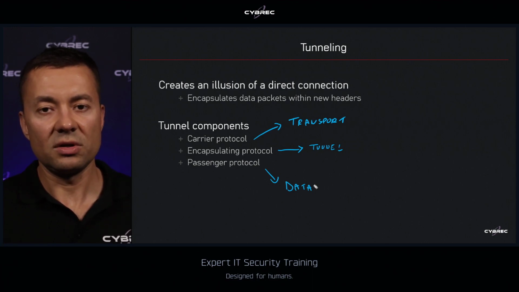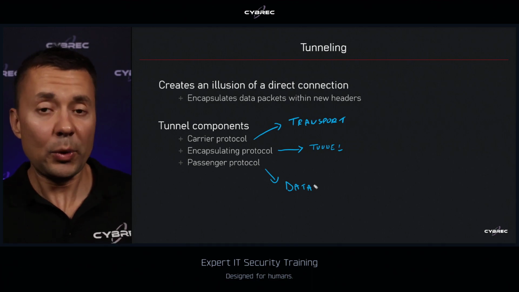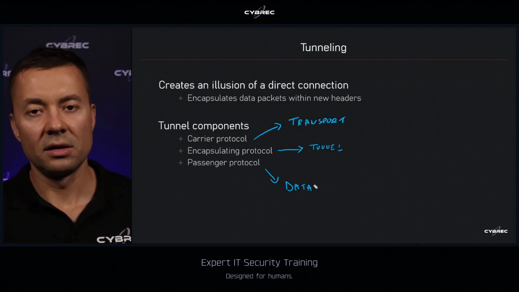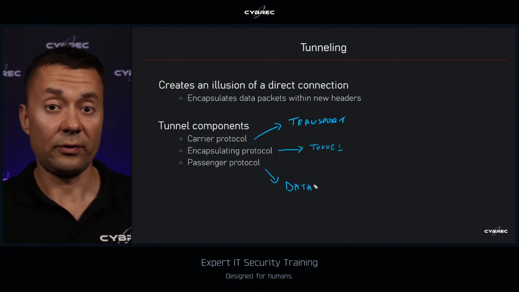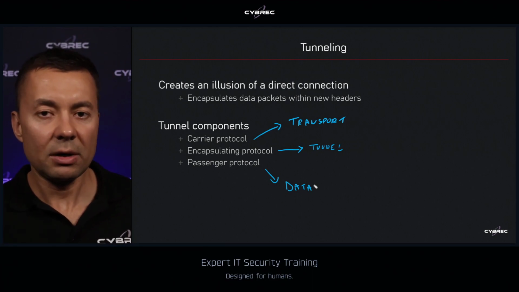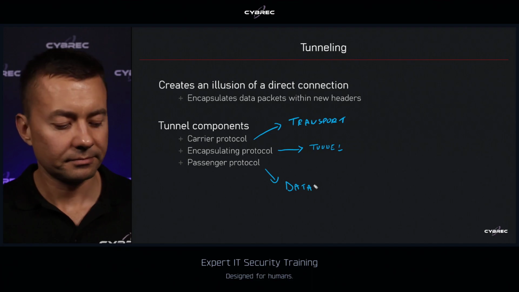This is what's eventually going to build a tunnel, and then the carrier protocol is responsible for the movement of the data across the network in the middle, across the infrastructure over which we create our tunnel.